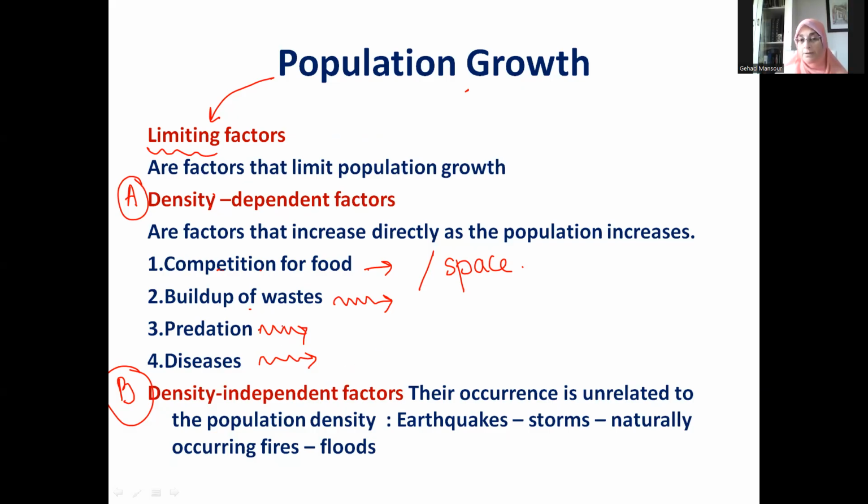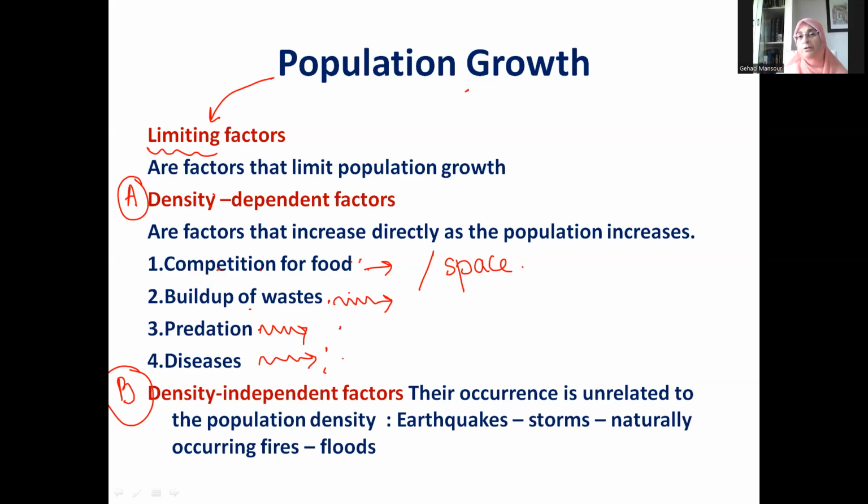The more the density, the greater the predation likelihood, and the more the density, the greater the occurrence of diseases, and therefore the diminution of the size of the population. So all these factors, competition for food, buildup of waste, predation, and diseases, are directly related to density, and they are inversely related to the population growth.